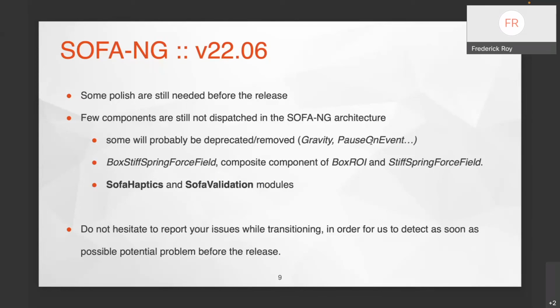So don't hesitate to make issues or PRs. I know that Paul from Mimesis did two or three on Facuda, so it was really useful. So try to make it break, and we'll try to fix it as soon as possible before the release.